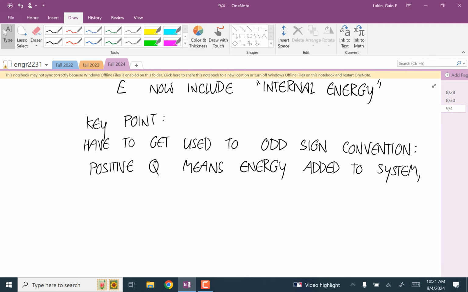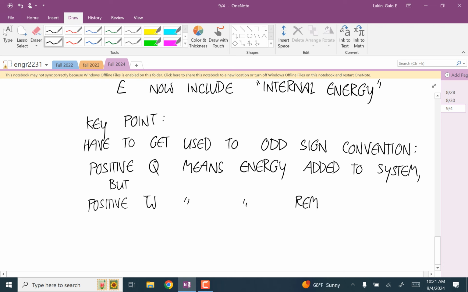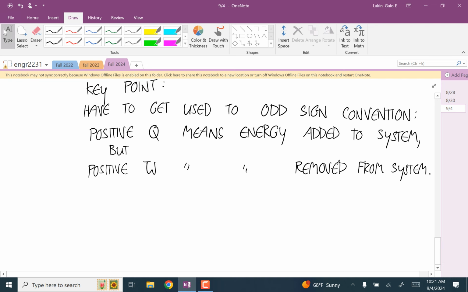So positive Q means energy added to the system, but positive W means energy is removed from the system and used to do work on the surroundings. And I mentioned last time, and I'll draw it again, to remember this, think of the power stroke in a power cycle.